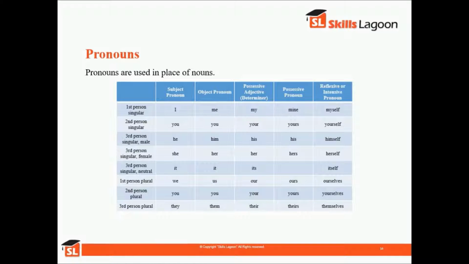Possessive adjective is your. Possessive pronoun is yours. And reflexive is yourself. Third person plural: we use they for a subject pronoun, them object, possessive adjective their, possessive pronoun theirs, and themselves is a reflexive pronoun.